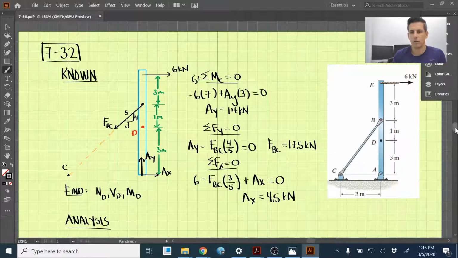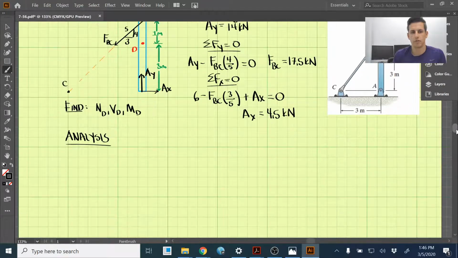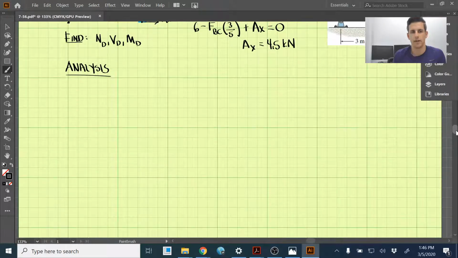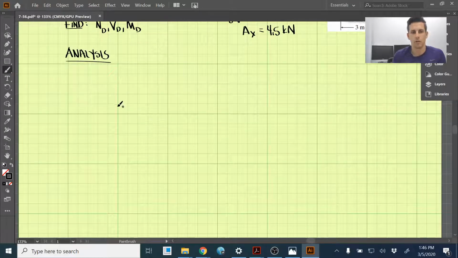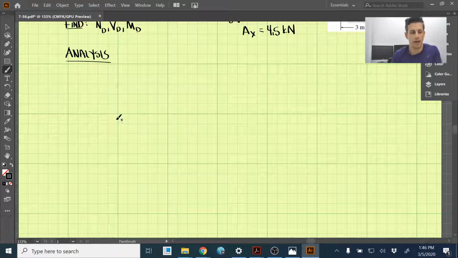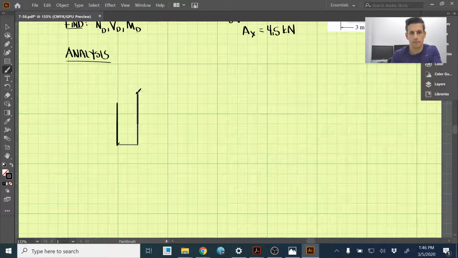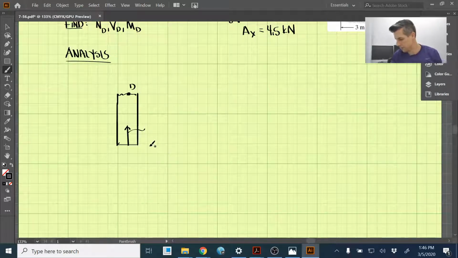We can now talk about solving for the internal normal force, shear force, and moment at D. So what we're going to do is just draw the bottom of that member. And this is point D here. Then we have our AY, which we just solved for, AY is 14.